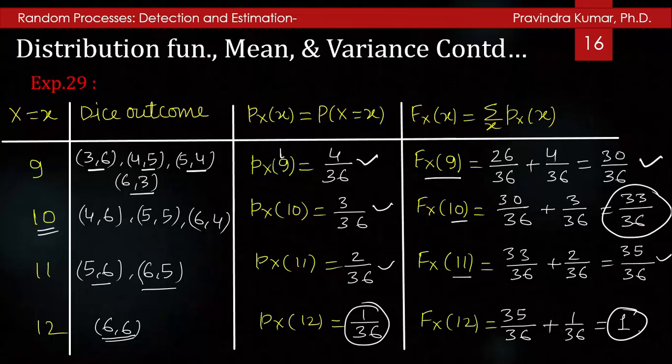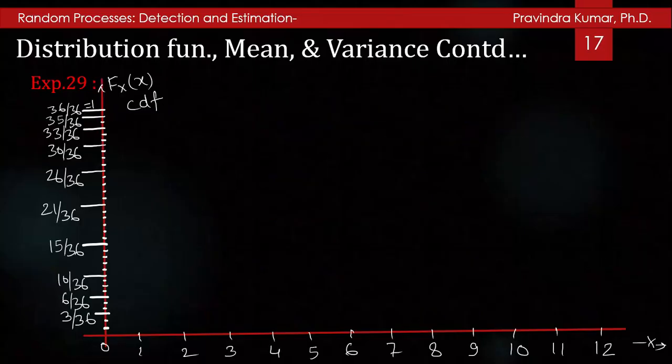So now I can sketch the PMF and CDF. I have all the values at the different random variable values. The random variable may have the value 0, 1, 2, 3, 4, 5, 6, 7, 8 up to 12, and I have scaled here 1 by 36, 2 by 36, 3 by 36, and so on.